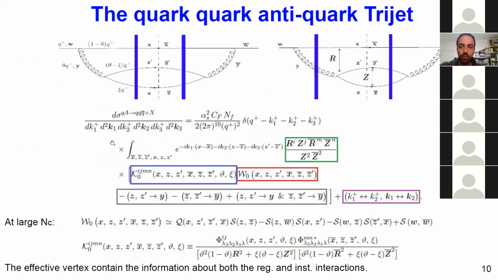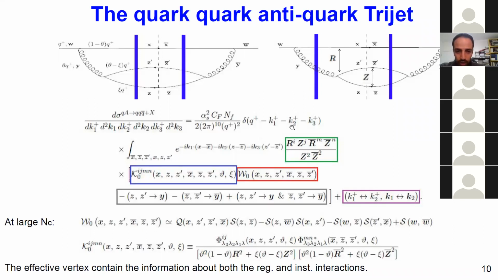So let me show you more explicitly how the results look for the case of trijet. The order of this result is of order alpha s squared. We have some prefactors which are coming from the NC and NF. We have some dimensionful Q plus, which makes the dimensions right.